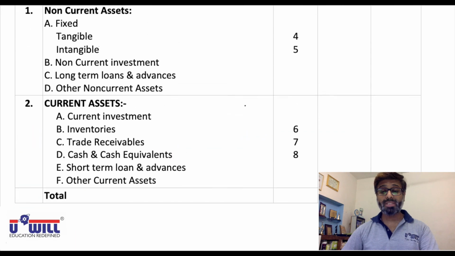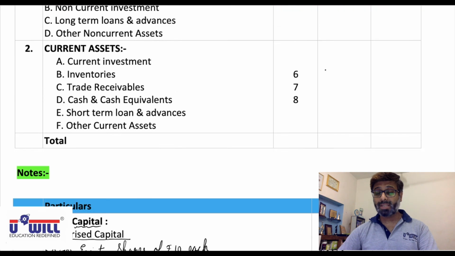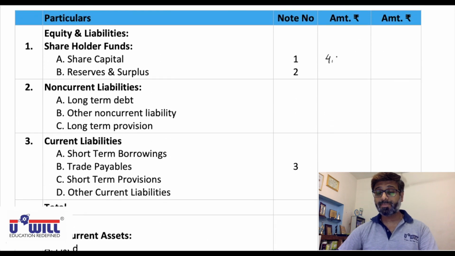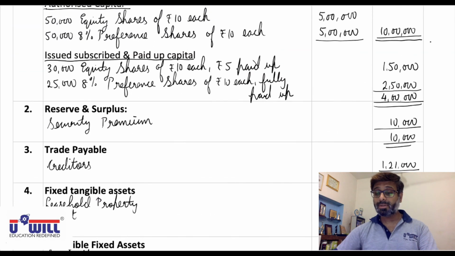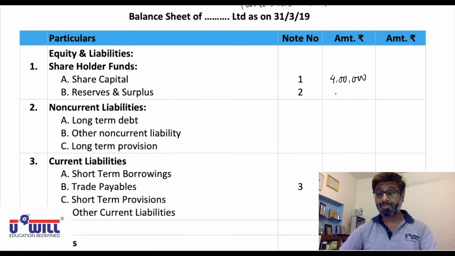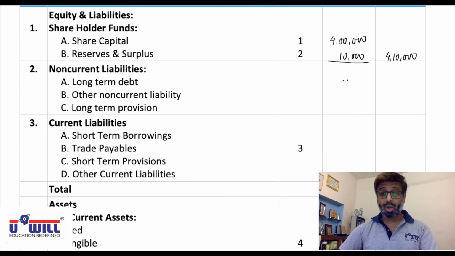Let us put the amounts in the balance sheet for these 8 notes. Share capital from note number 1 is 4 lakhs. Reserves and surplus from note number 2 is 10,000. So 4 lakh 10,000. Long-term debt, non-current liability, long-term provisions we don't have.